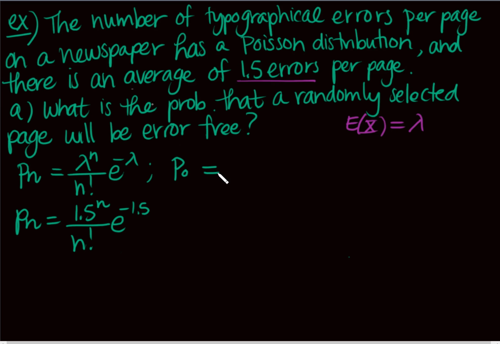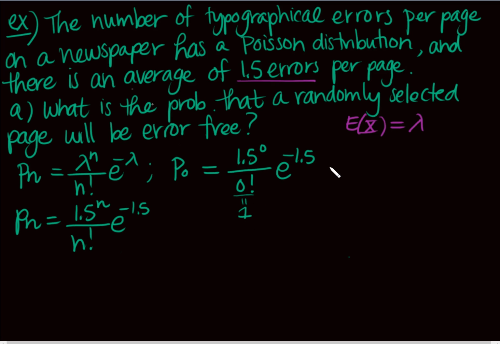And so what is p sub 0? This is going to be 1.5 to the 0 all over 0 factorial e to the negative 1.5. A couple things here that you need to know about factorials, and I think they mention this in the book. 0 factorial, I know this is weird, equals 1.